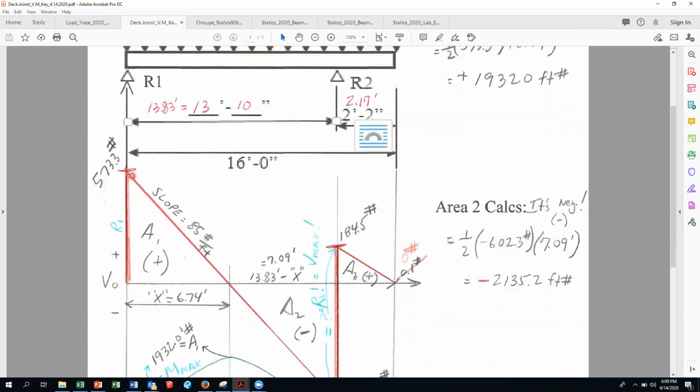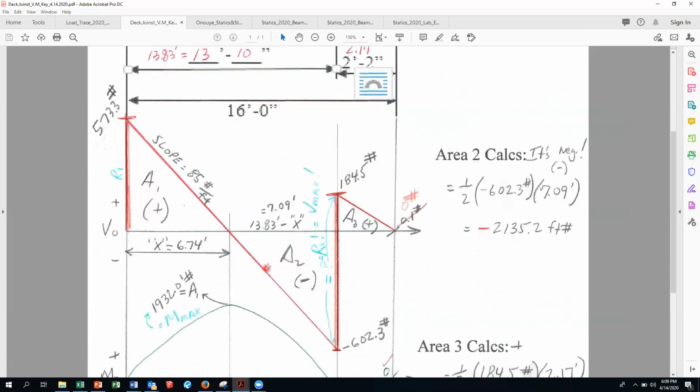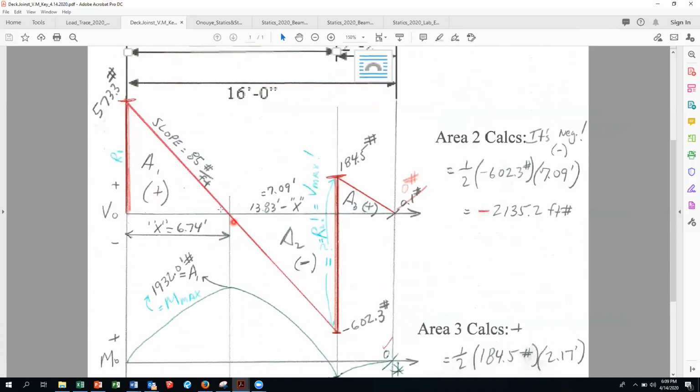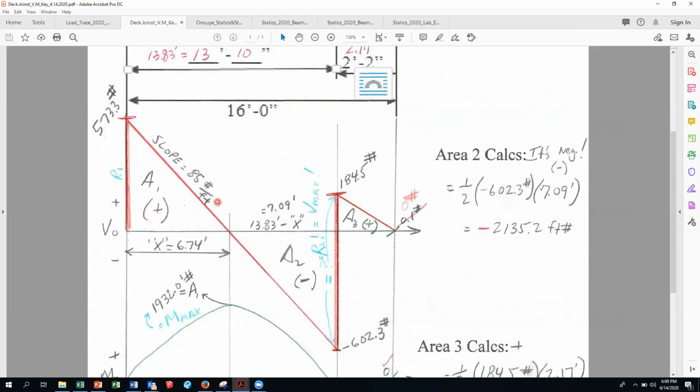85 pounds every foot. So what we can say is that 573.3 minus, in parentheses, 13.83 times 85 for a total drop of 85 times 13.83, about 1176.